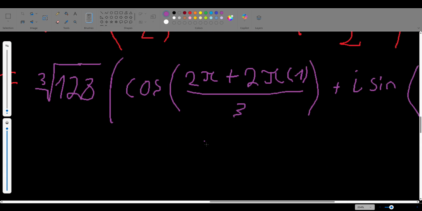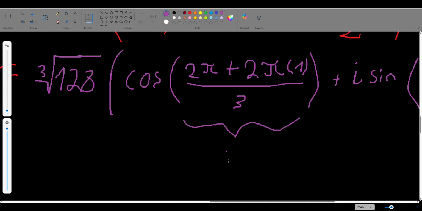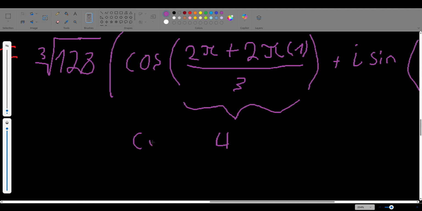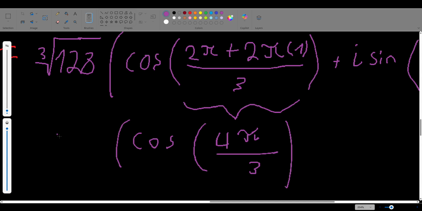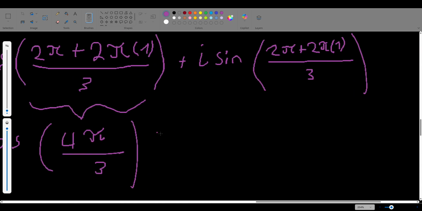So now we're going to simplify this right here. It's going to be the cube root of 128 times the cosine of 4 pi divided by 3, plus i sine of 4 pi divided by 3, okay?